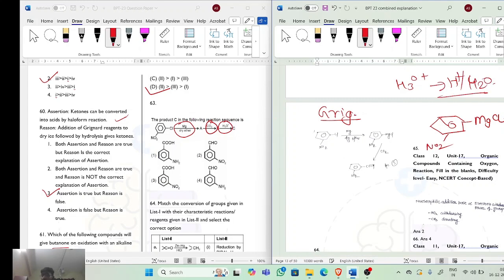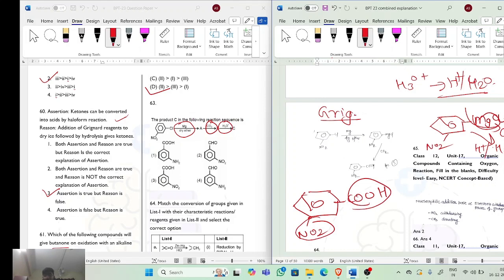Now MgCl in the presence of CO2 and H plus, H2O: this MgCl group will leave and this side will be converted to a carboxylic acid group. So the product will have NO2 on this side and a COOH group on this side. There will be no change on the nitro group, but this side will be converted to a carboxylic acid group.